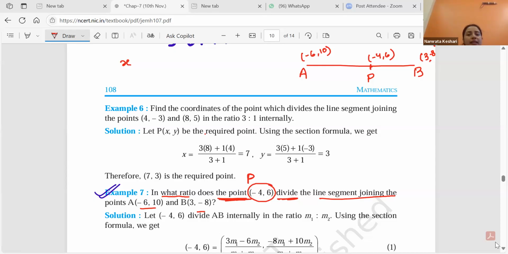So here P is given, A is given, B is given. We have to find m1 is to m2.